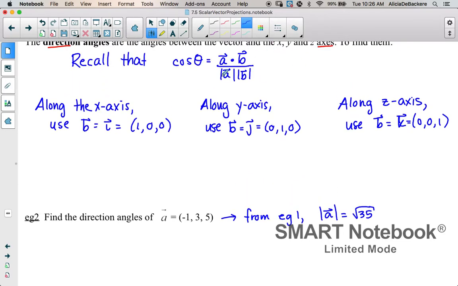I know that that's going to come up here in my formula. So for the x-axis, I'm going to find the direction angle. I'm going to be using this formula here.